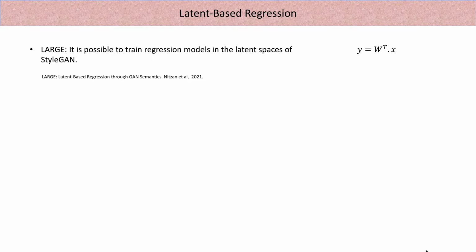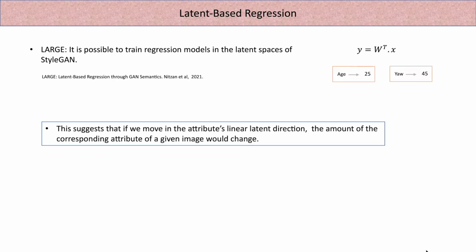For example, given a latent code, we can predict the face attribute, like age or yaw in degrees. This suggests that if we move in the attribute's linear latent direction, the amount of the corresponding attribute of a given image would change.